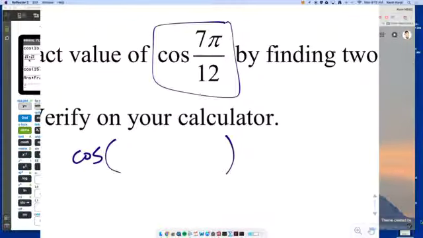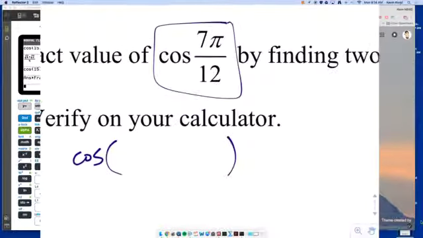Well, what are some other numbers that add or subtract to give you 7? 2 and 5. Okay. Well, 2 pi 12 is okay because 2 and 12 have a common factor of 2. But what about 5? Do 5 and 12 have a common factor other than 1? No. So 3 and 4 would work. Now here's why that's good.